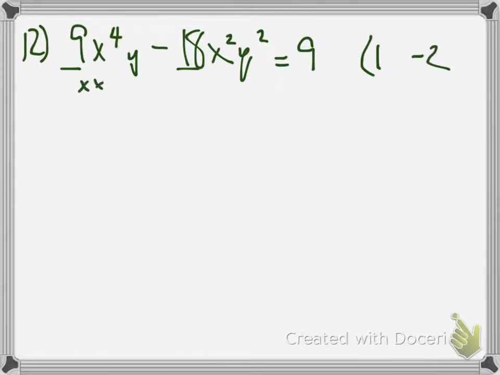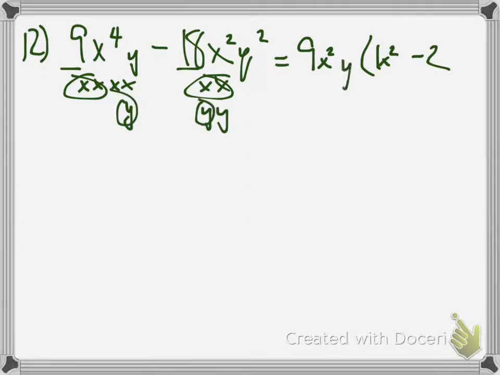Here I have 4 x's, here I have 2, so I can take out x squared. That leaves me with an x squared here, and no x's in the second one. On the y's, I've got 1 y and 2 y's, so I can take out a y, leaving 1 y over here. And I'm done.